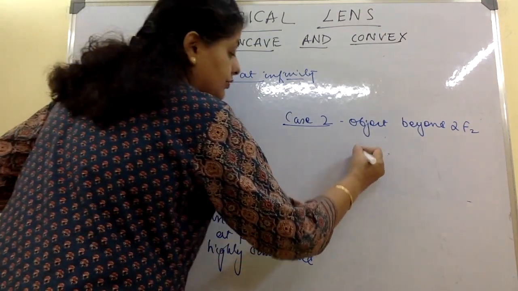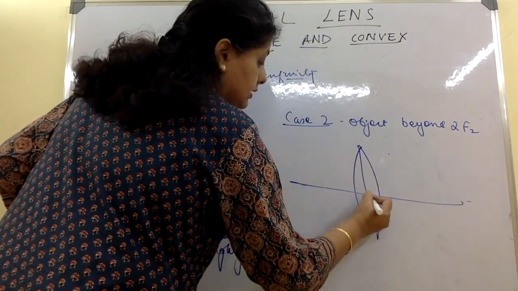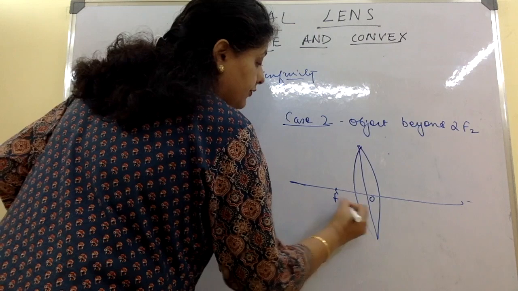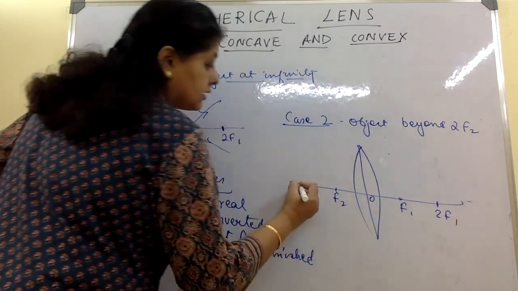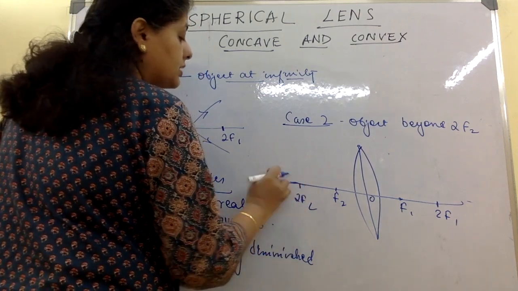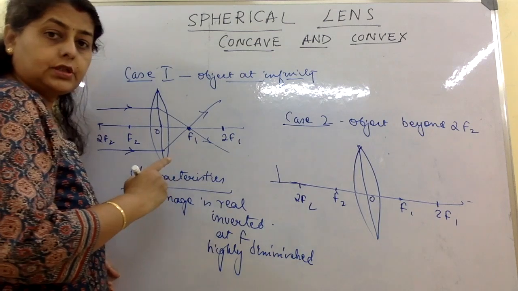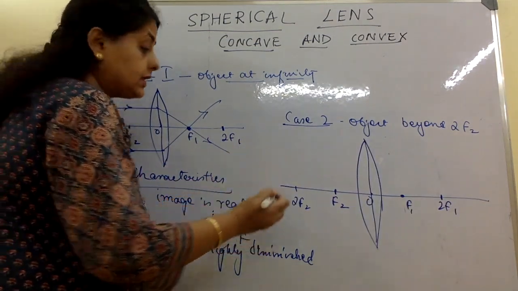Now see here, this is the object, here is F2, here is F1, this is 2F1, this is 2F2, and now the object is on the principal axis but here. Okay, now this is our next case.